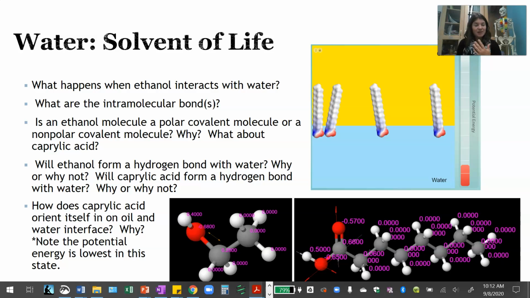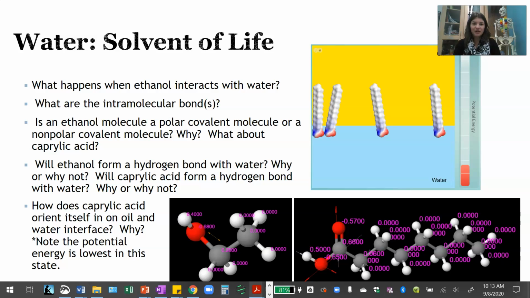So there are places that this molecule could be attracted to water, but in general, it has a lot of nonpolar covalent bonds. So will ethanol form hydrogen bonds with water? You bet it will, pretty easily. Will this caprylic acid form hydrogen bonds? It could, but there's a very small portion of the molecule that does.